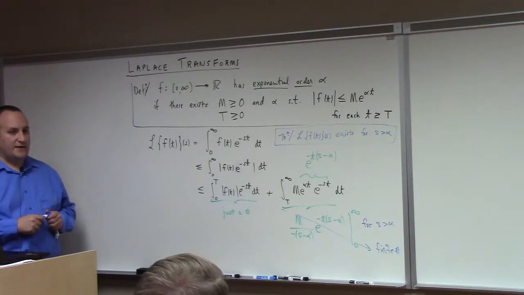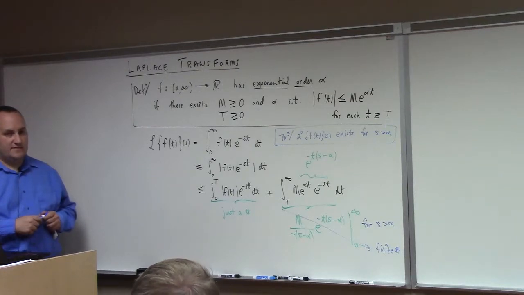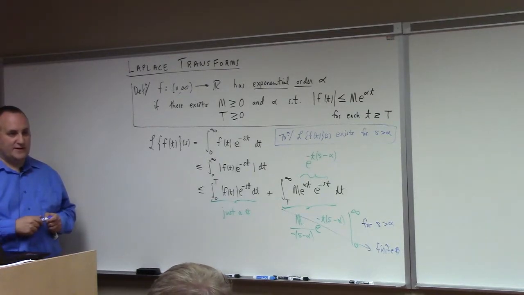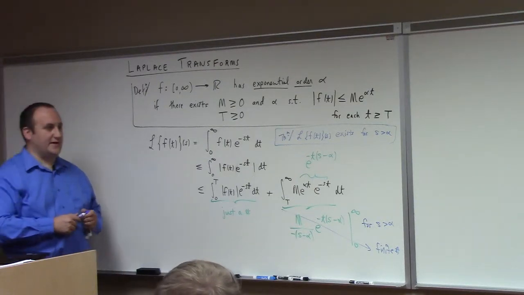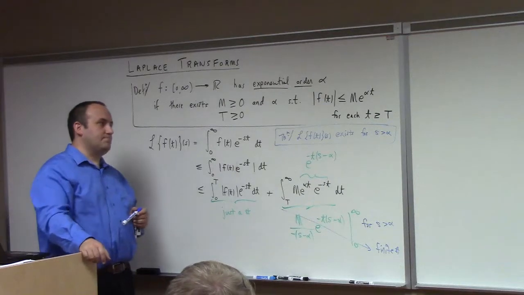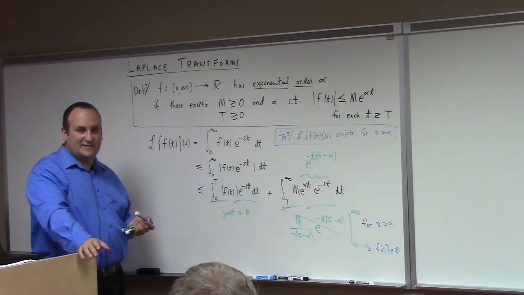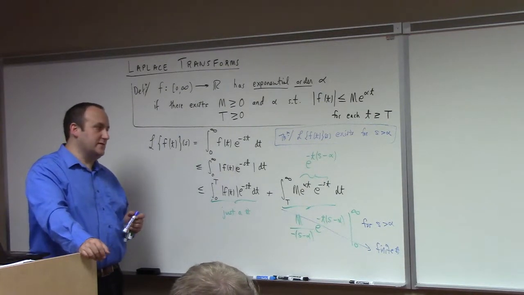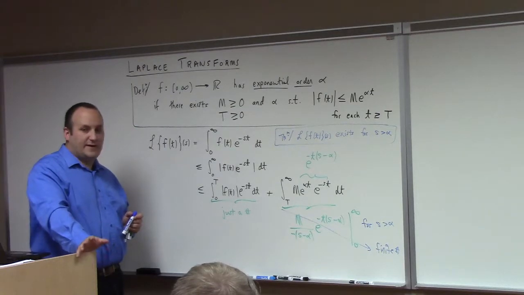Now you start thinking about polynomials. One of the things you should learn in Calculus 1 is that if you have a battle between a polynomial and an exponential, who's going to win? Exponential, right? Eventually. Maybe not at the start, right? But eventually the exponential wins. So polynomials are tamed by exponentials.